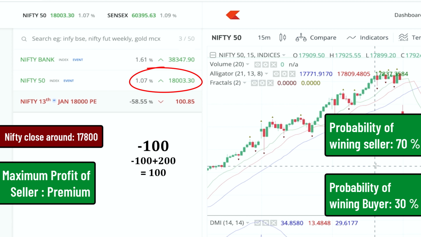In this scenario, seller will make money. And the third scenario, if the market goes up, seller will make money because they don't have to compensate the buyer. So buying put option, you can make unlimited profit, but there is only 30% profit probability. But for the seller, there is a 70% profit probability and limited profit, that is premium.